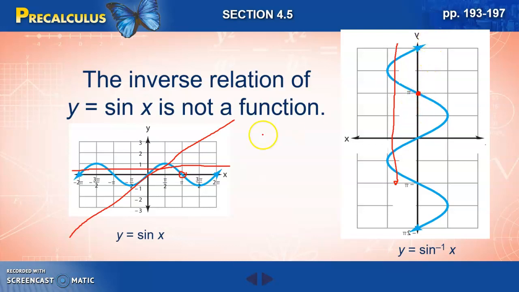Mark that point right up there. We can also pick up that whole thing and flip it over the identity function, which we may do in class so you can actually physically see that being reflected over that line. Either way, because this is not 1-to-1, the inverse is not a function.